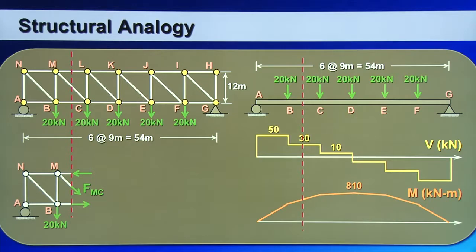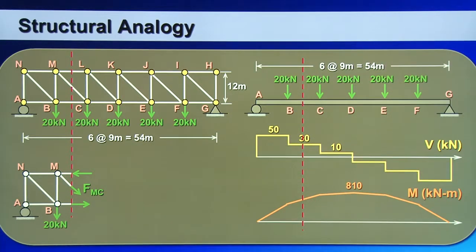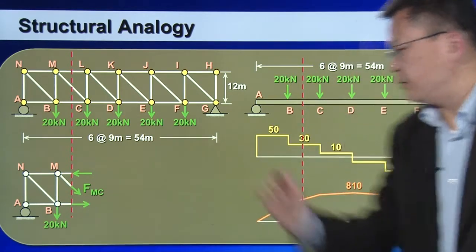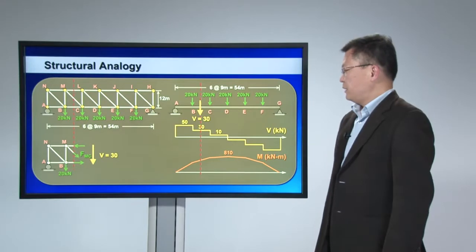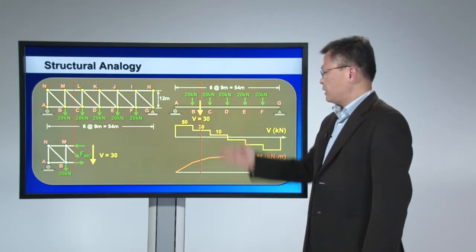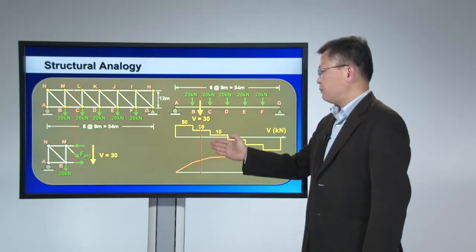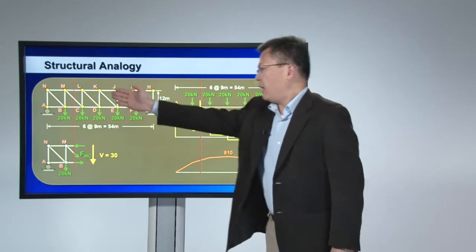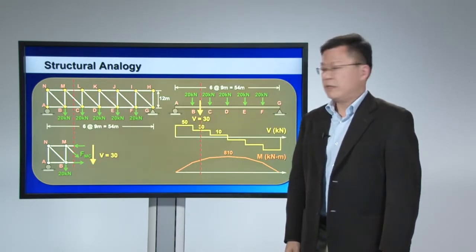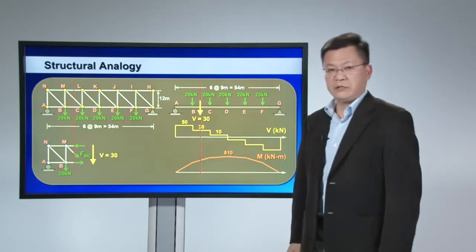I will find that there are three forces acting: two horizontal forces and one diagonal force. As these two structures have resemblance, the shear force of 30 kilonewtons on the beam is applied onto this cross-section of the truss. So they have the same shear force, 30 kilonewtons.